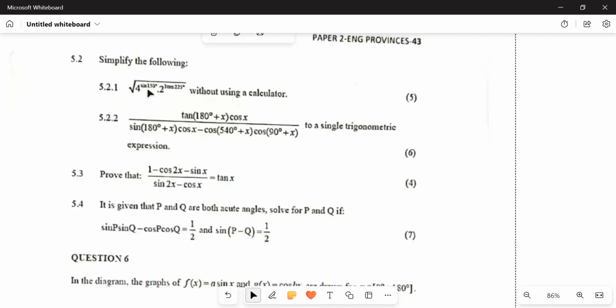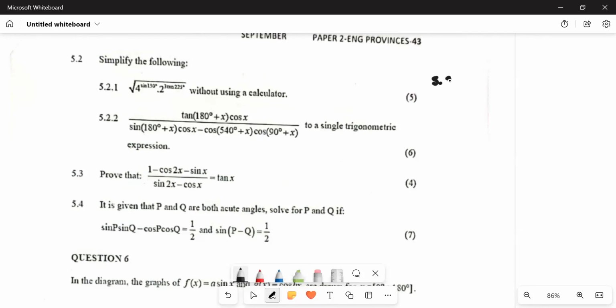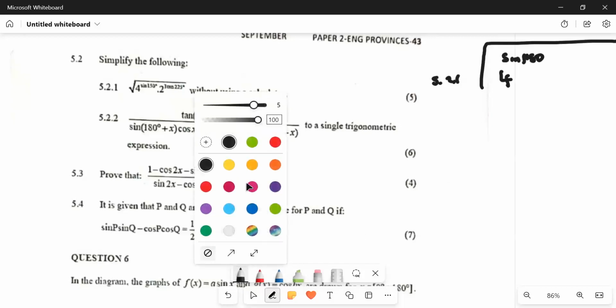We have 4 sine 150. Let me write it here, maybe, because it's not so visible. It's 5.2.1. So you have the root, and then you have 4 sine 150. The pen is too big. Okay, let's make it small.